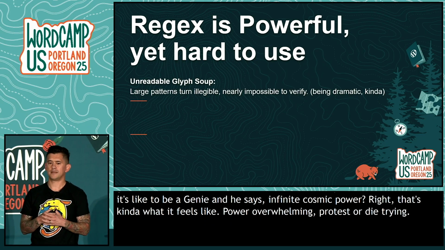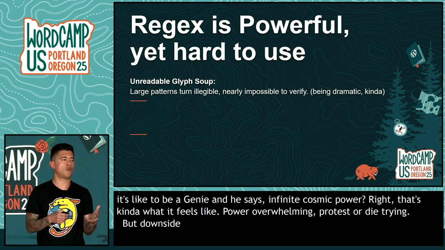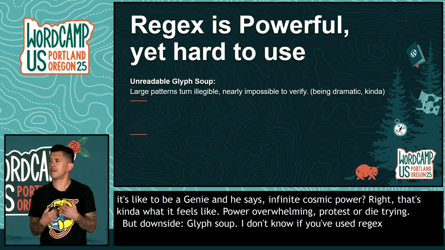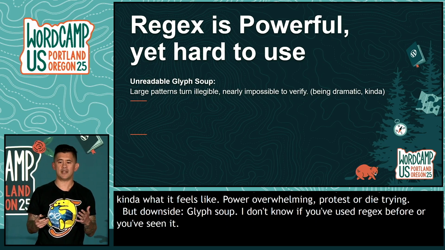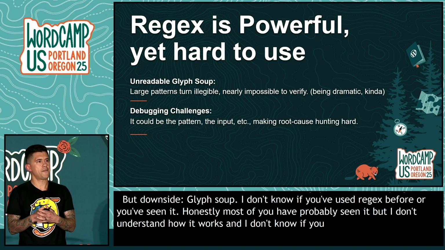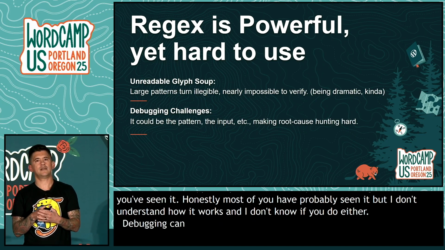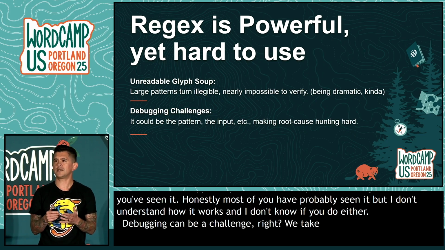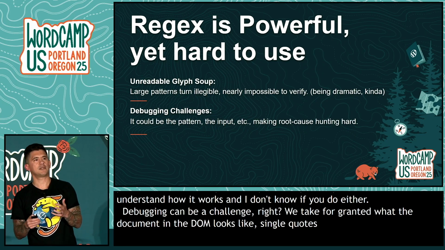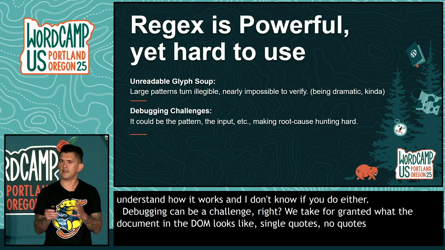But downside: glyph soup, right? I don't know if you've used regex before or seen it. Honestly, most of you have probably seen it. But I don't understand hieroglyphs, and I don't know if you do either. Debugging can be a challenge. We take for granted what the document and the DOM looks like. Single quotes, double quotes, no quotes. Did you know you could still probably output an image without any quotes?